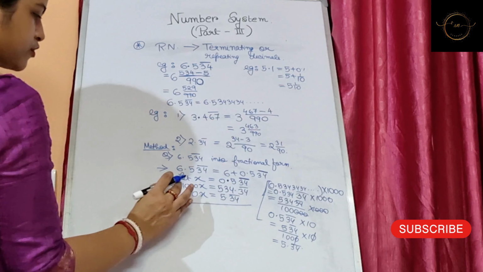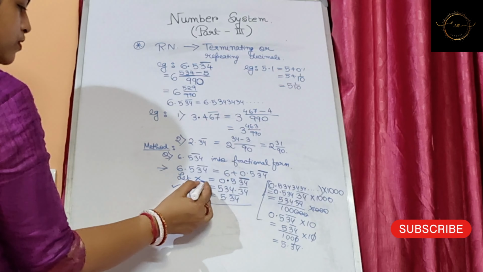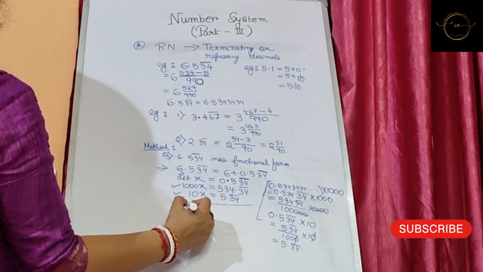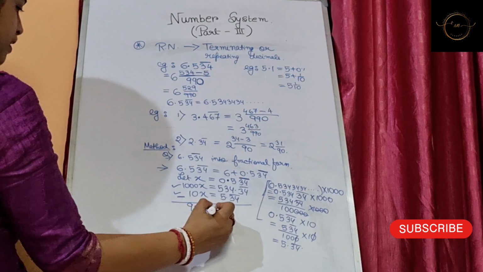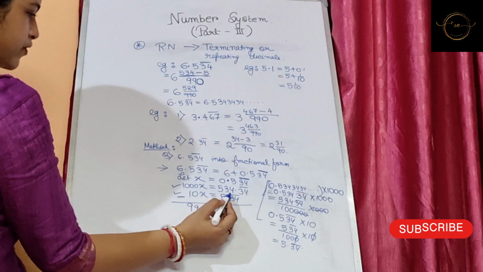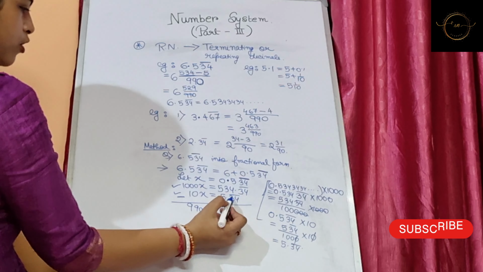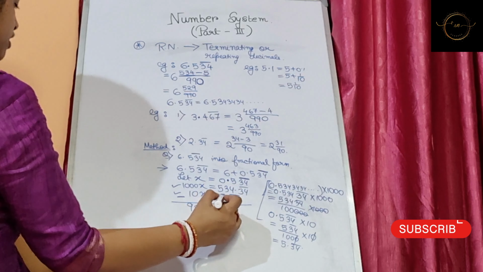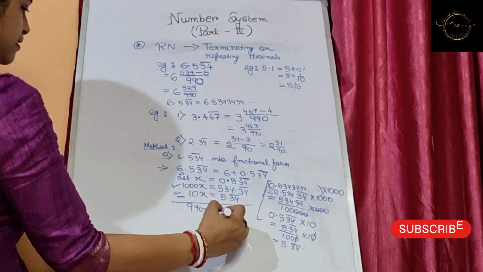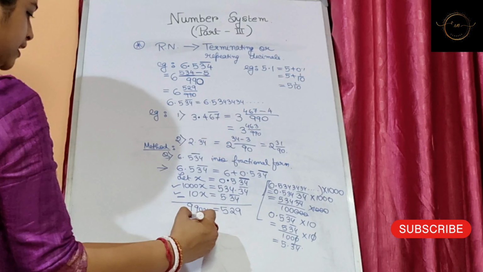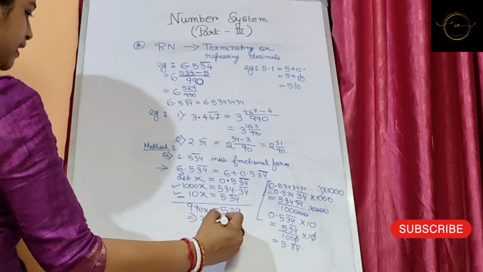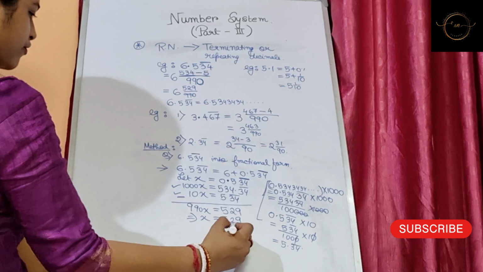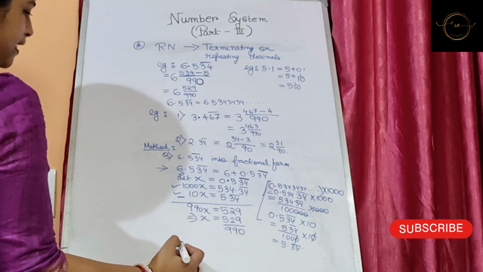Now this is one equation, and this is another equation. If you subtract these two equations, 1000x minus 10x will be equal to 990x. And if you subtract these two numbers, 34 bar will become 0. And this will be 534 minus 5, that is equal to 529. So if you are calculating x, this will be 529 by 990.